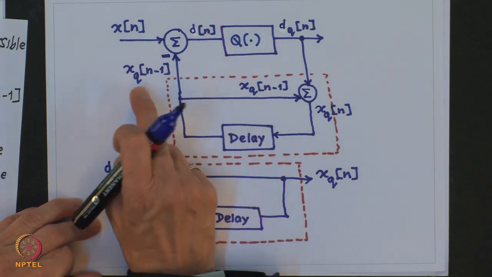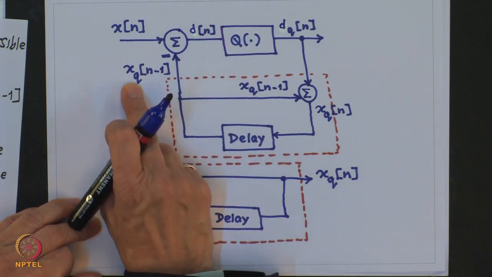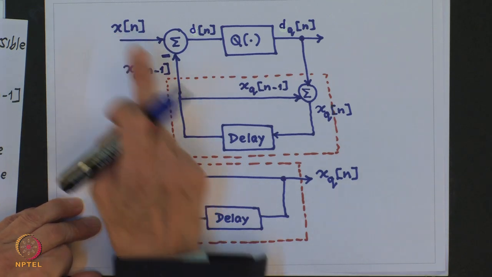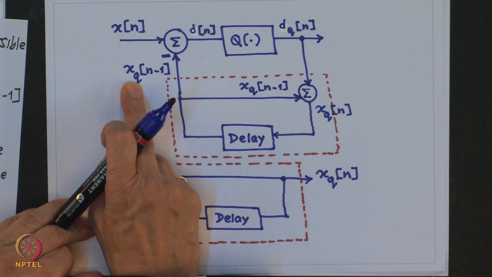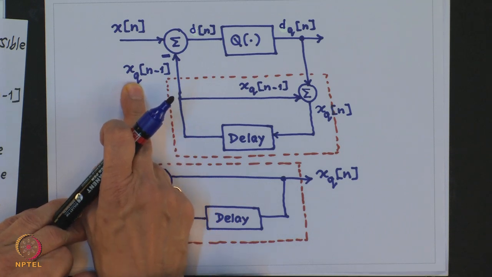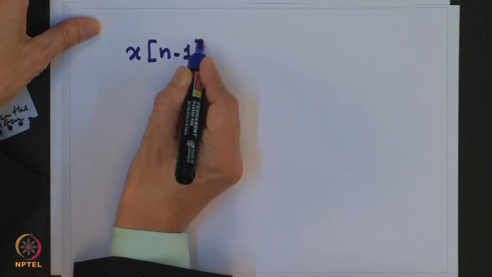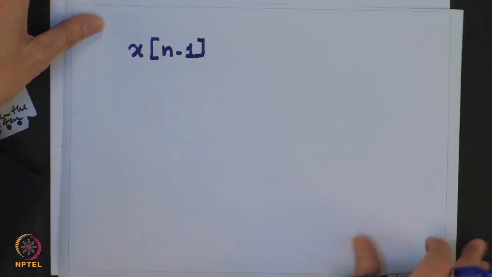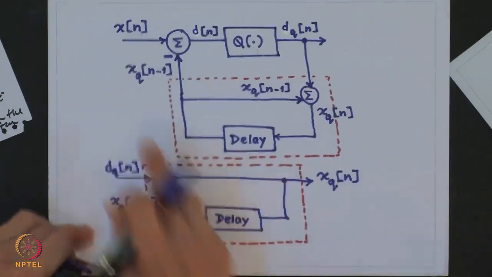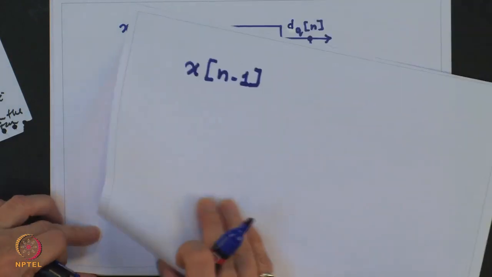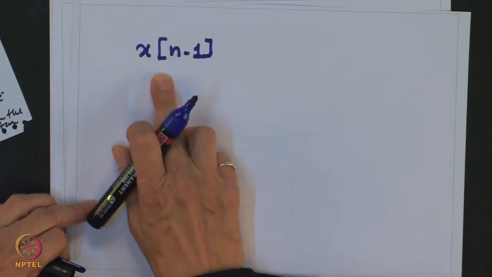What this implies is that this xq should be as close as possible to this x. However, this xq is the reconstructed value of xn minus 1, correct. So, we would like this xq to be very close to xn minus 1.